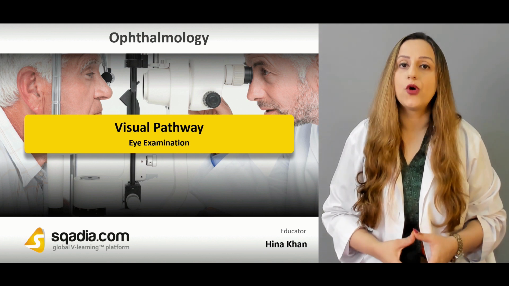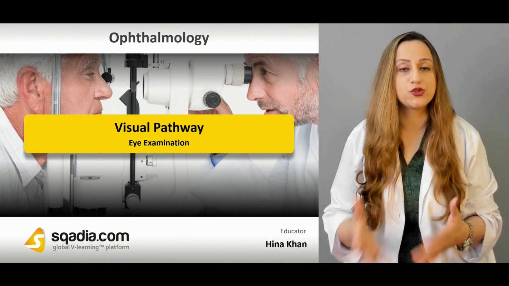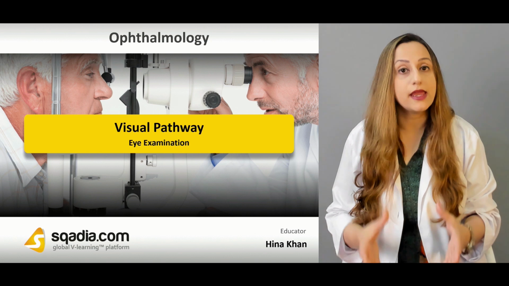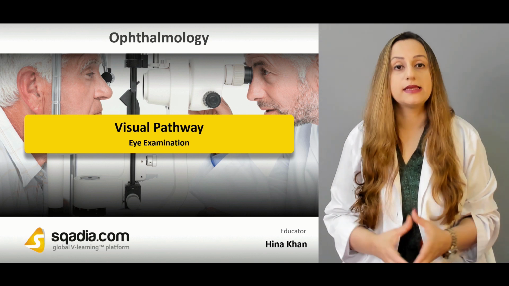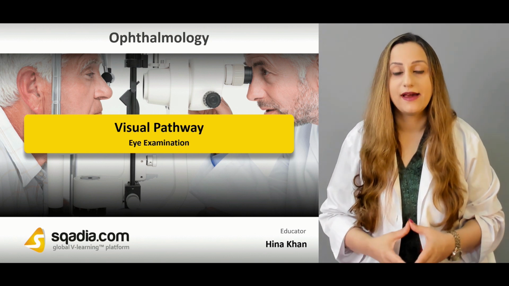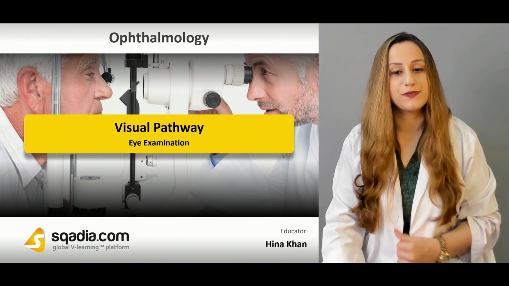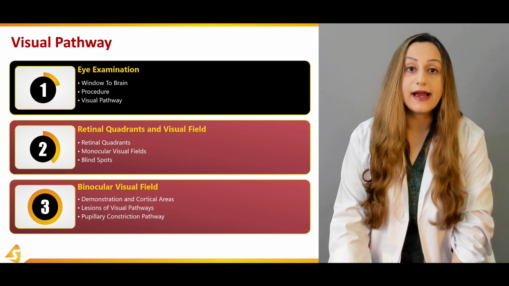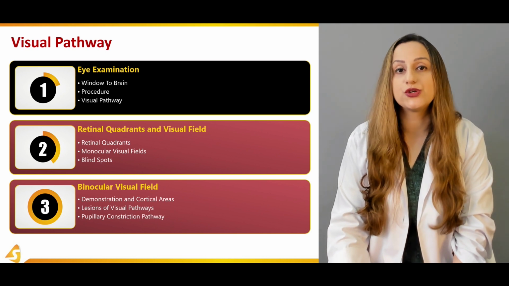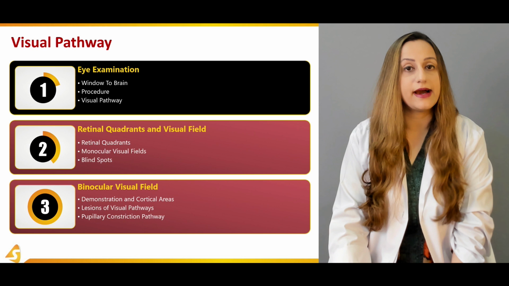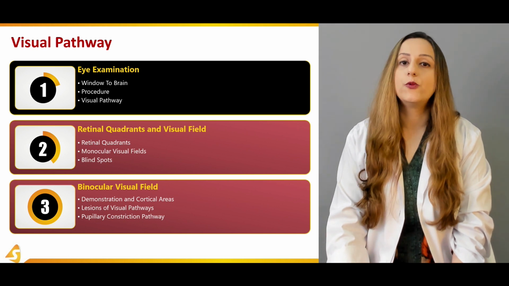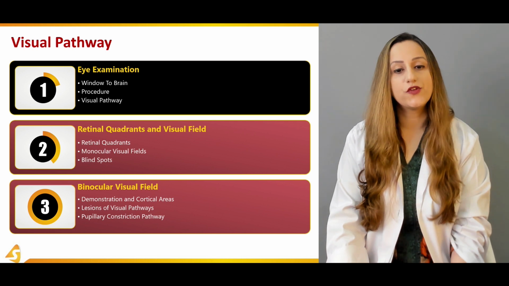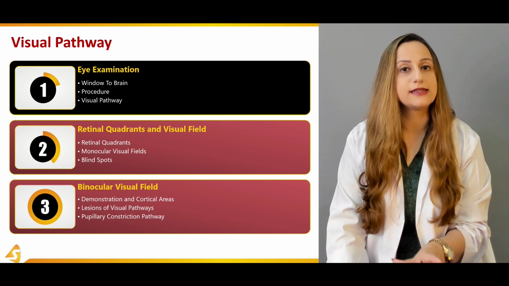So knowing this normal visual pathway, through which normal vision in a person is attained or maintained, is the mainstay over here in this very first section. Over here we're going to focus on the fact that the eyes are a window to the brain. So the eyes are going to reflect whether the brain is functioning in a normal way or not. We're going to focus on the normal anatomy of the eye.